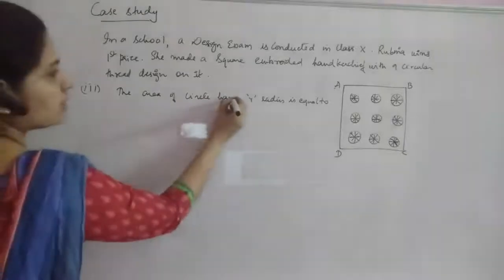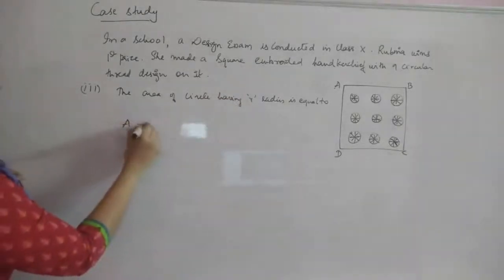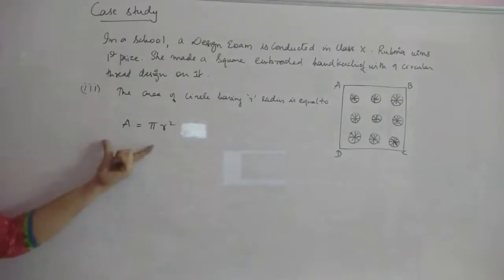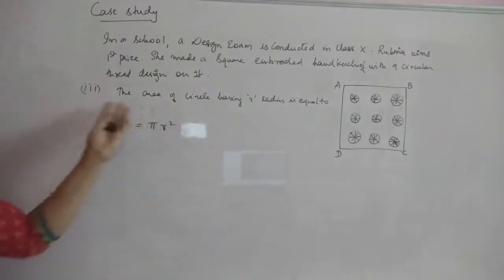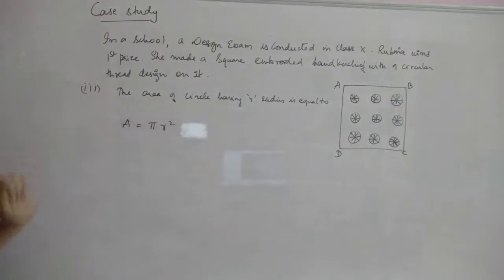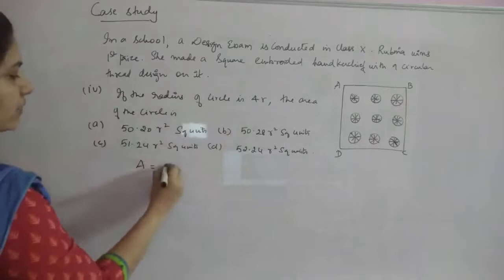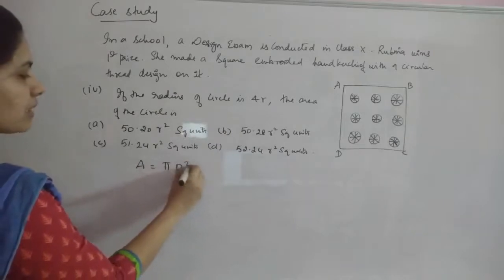So what will be the area of the circle? That is a question. So you know that if r is the radius, area will be pi r square. So not going through the subdivision itself, you will get the answer. So that is what you have to think, which subdivision you have to attempt. Okay. Radius of the circle is given to be 4r, means you have to find out the area will be again pi into, suppose I am writing pi r square.